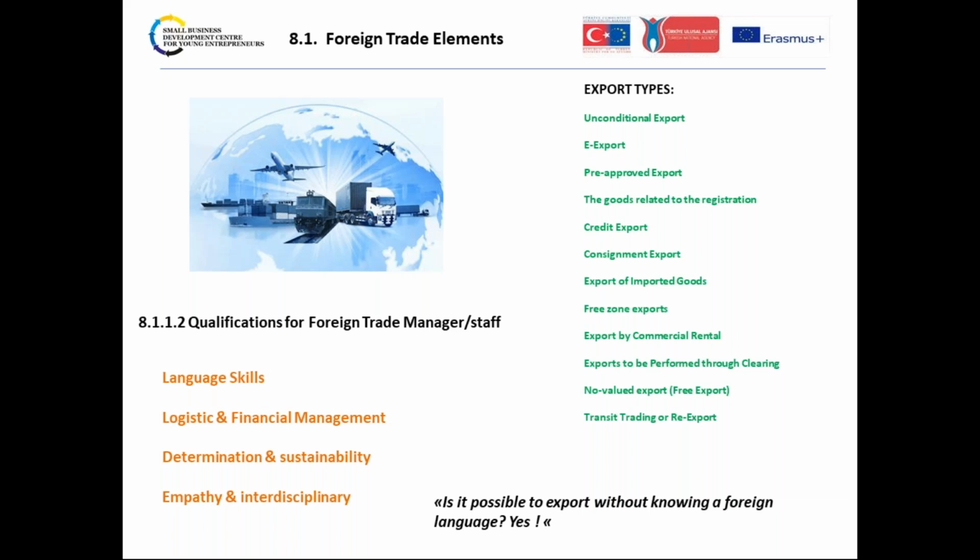That shows export needs to be sustainable. So you need to create your strategy as a long-time exporter. One or two exports is not good. You need to prepare your company and yourself to be a long-time exporter.